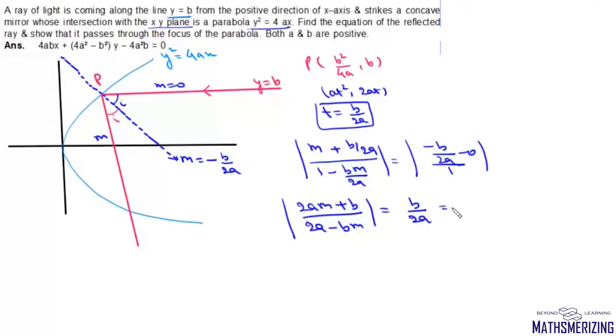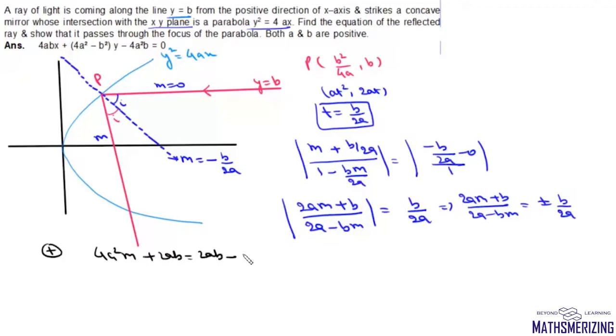So we'll take the plus sign first. Then we can write it as 4a square m plus 2ab equals 2ab minus b square m. Now 2ab will cancel, and we'll get the value of m as 0.